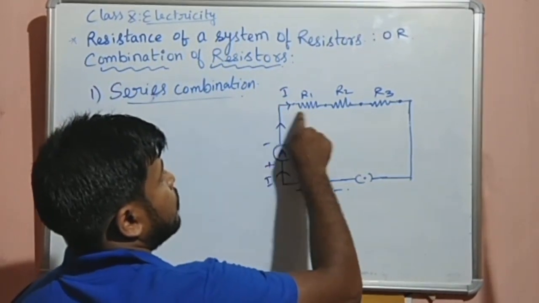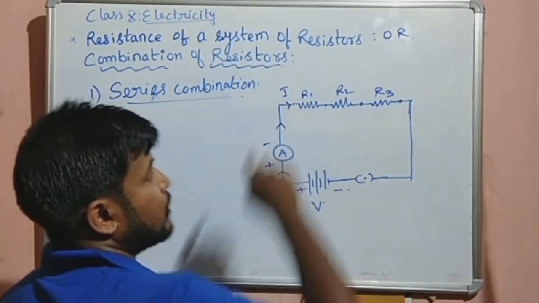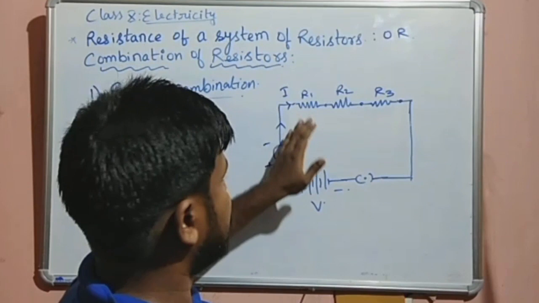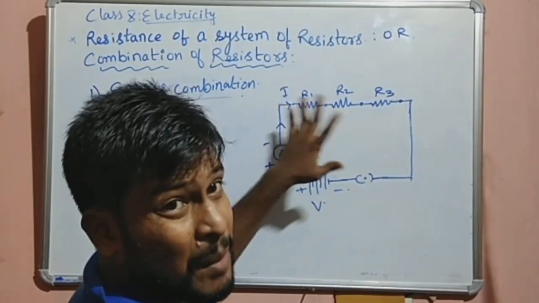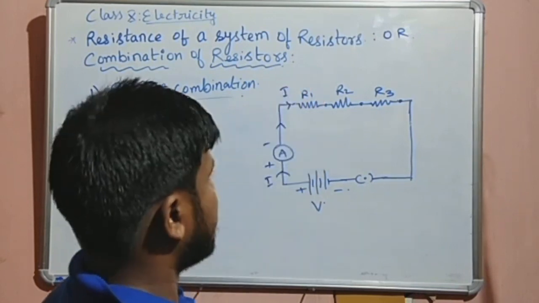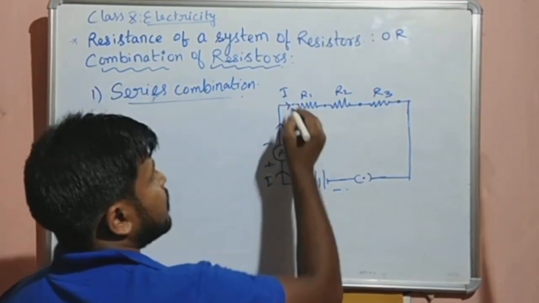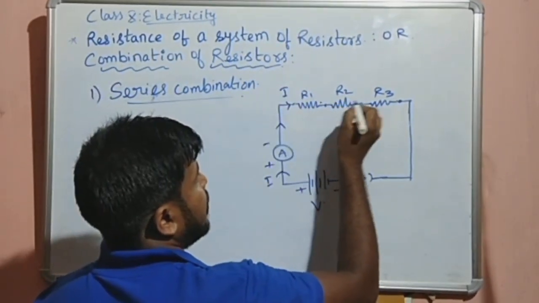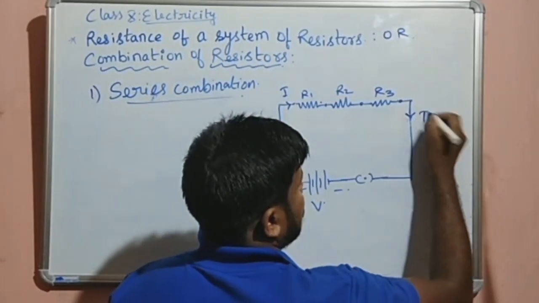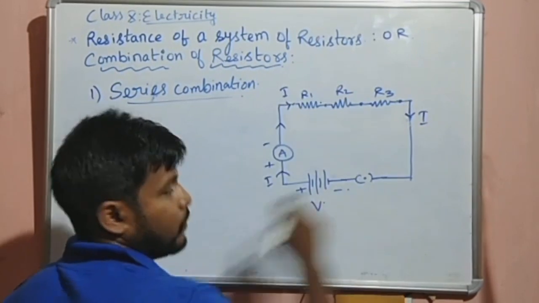Due to the narrower cross section, the flowing speed of the water will be quite different, but the same amount of water will flow through this cross section also. Like here also the current will flow I only. Here current I, current I, current I. Here also current I will flow.